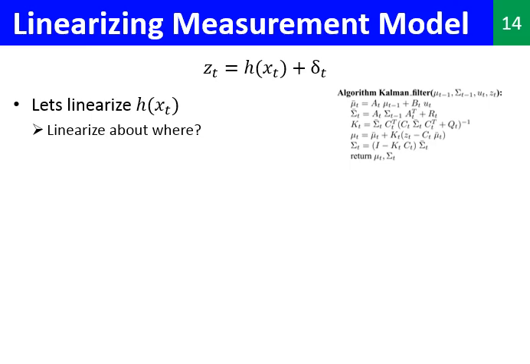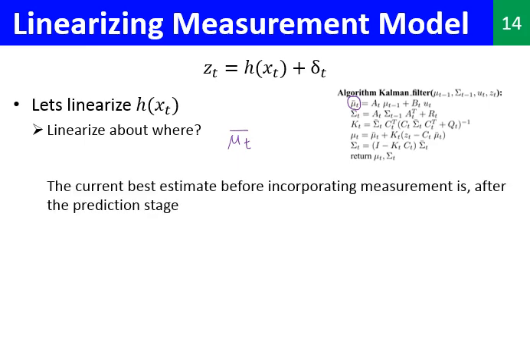Previously it was mu t minus 1, but since we have incorporated the control input, now we have a better estimate than mu t minus 1, which is mu t bar. So we are going to linearize h about mu t bar. With that, shall we linearize the measurement model?